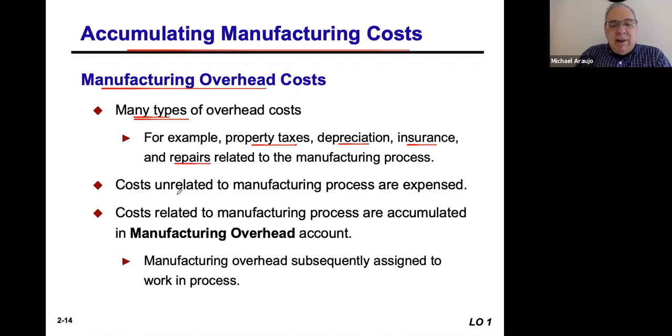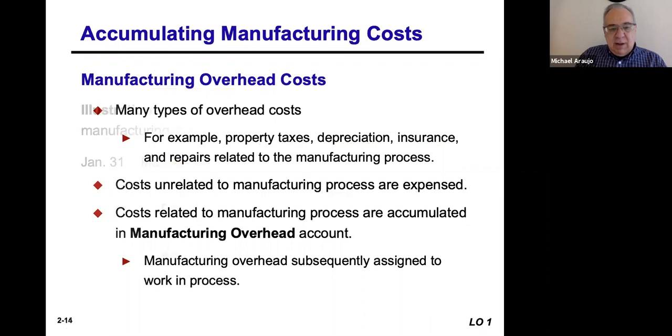Plus there are other types of expenses that are related. And the manufacturing overhead account is also part of that work in process, because you need raw materials, labor, and manufacturing overhead to get anything done.